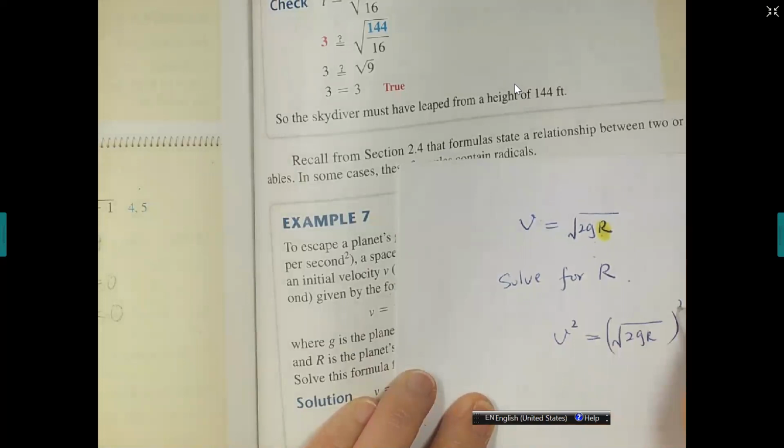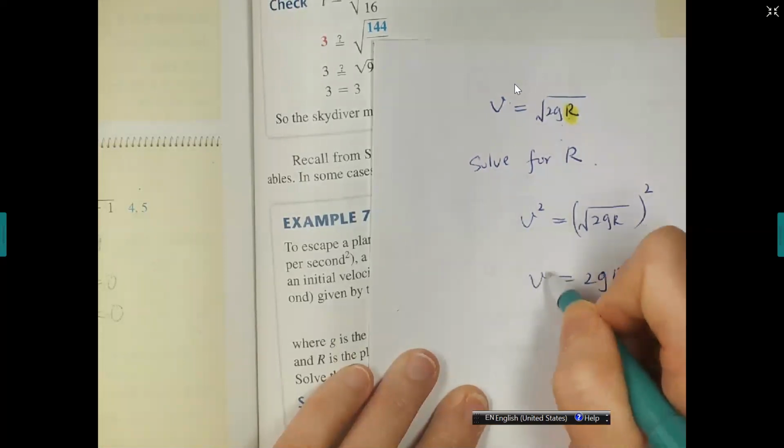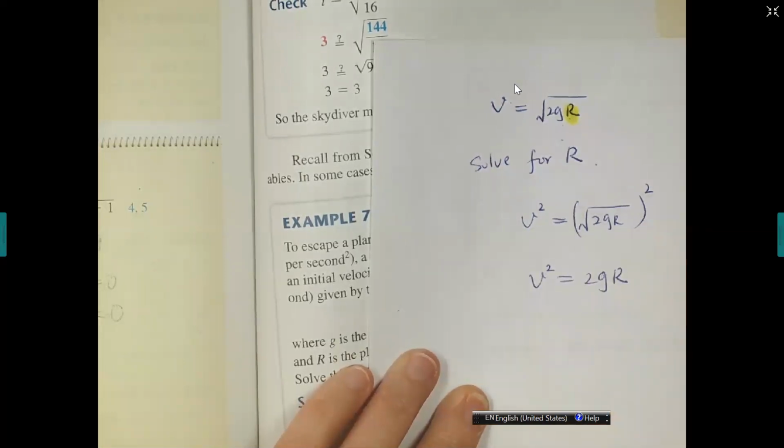When we square a radical symbol, we get the radicand, so 2gr equals v squared. What do we have now? A typical linear equation. Why linear? Because the unknown r does not have a power of 2.